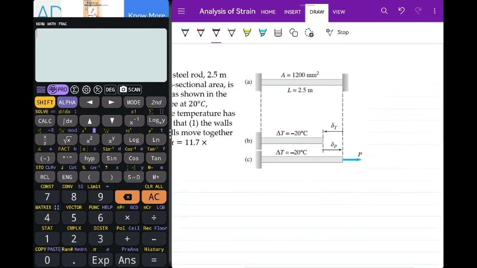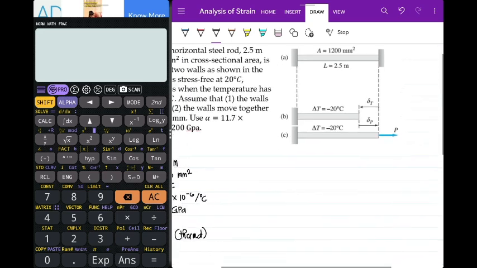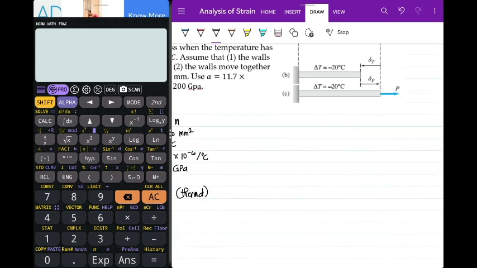Now, for the first scenario wherein the walls are restricted, if you can notice, as temperature decreases, the material contracts, right?